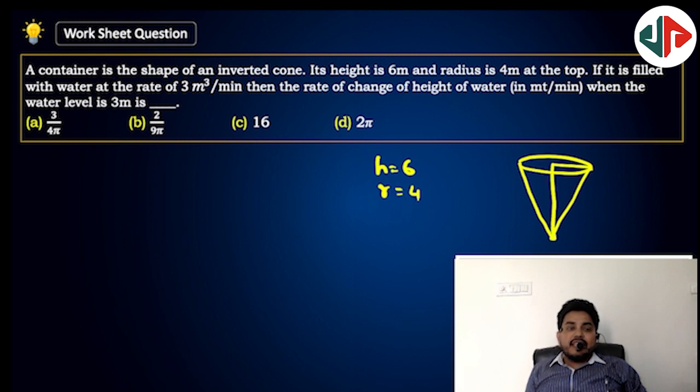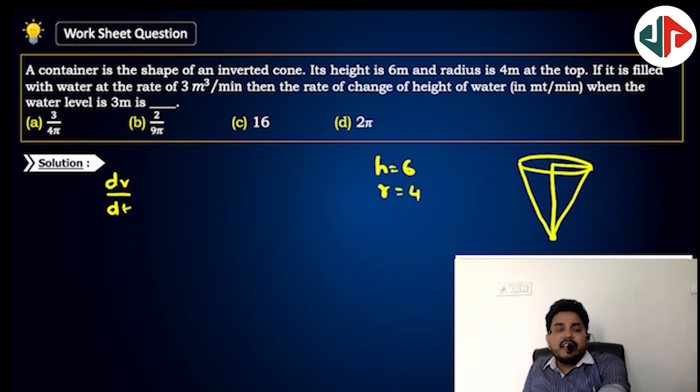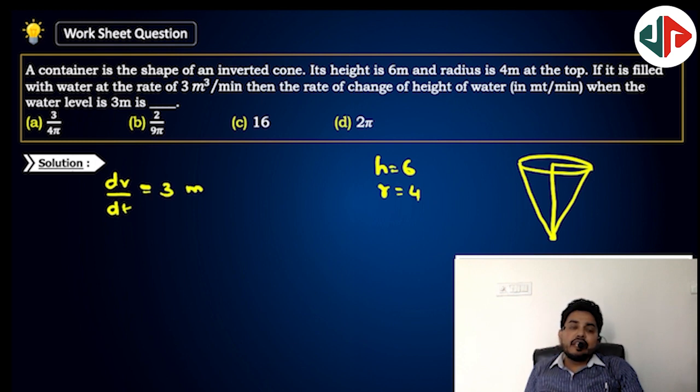It's filled with water. Water means volume, so dV by dt is equal to 3 meter cube per minute. Then at what rate does the height of the water change when h is equal to 3, so what is dh by dt?